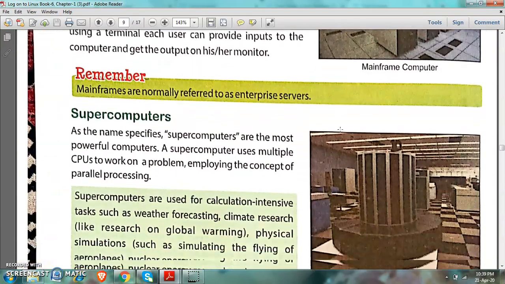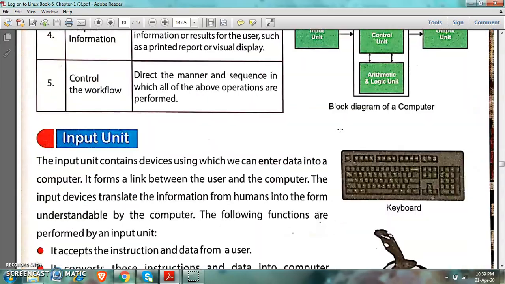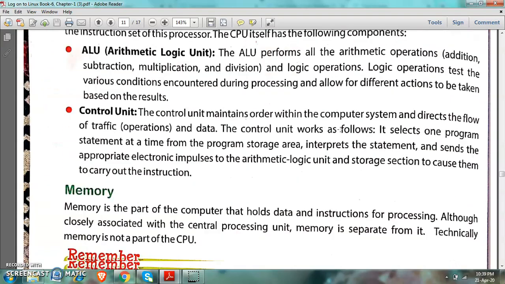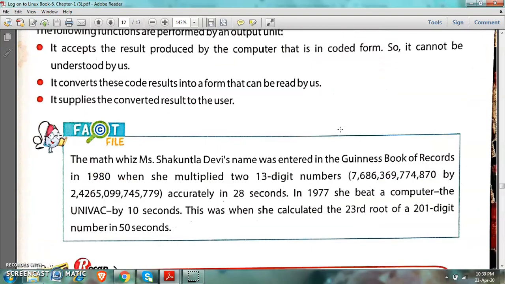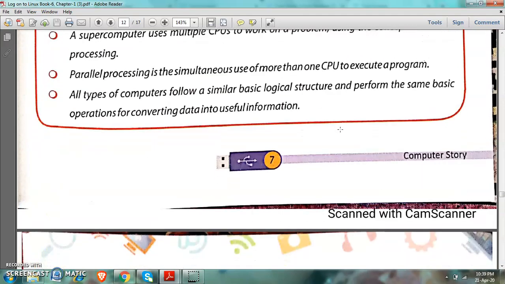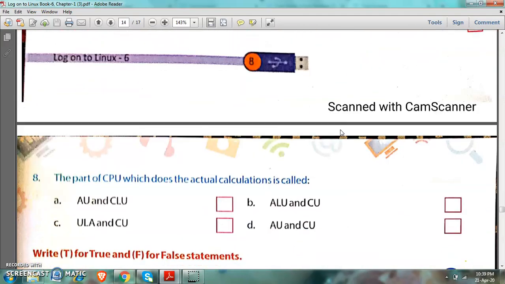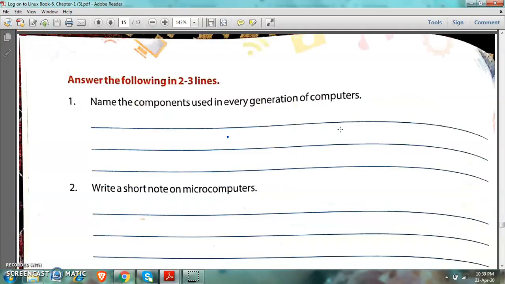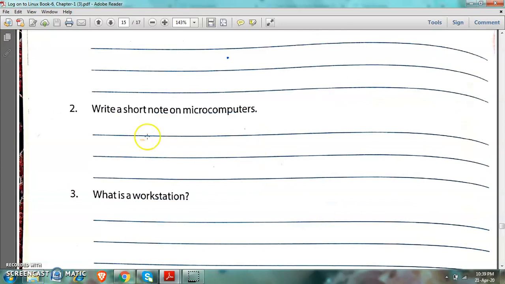You have to write only the important lines, which define the concept or give an example of the concept. So, what is a microcomputer? See now, you have to write here: microcomputers are small computers which have keyboard, CPU, mouse attached with it.